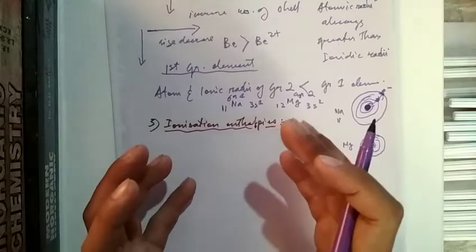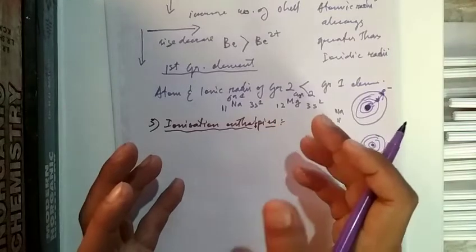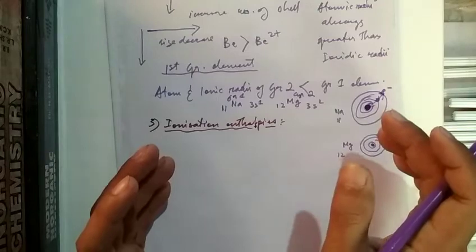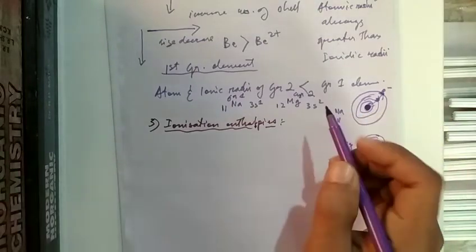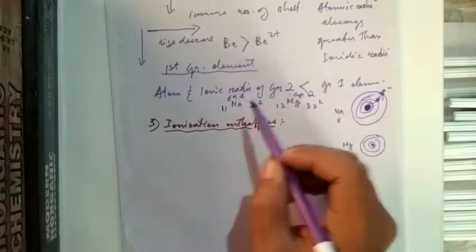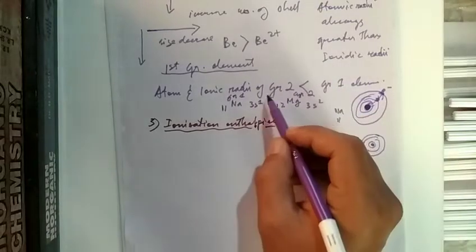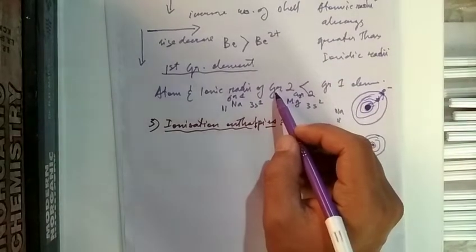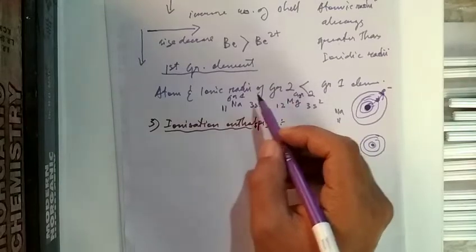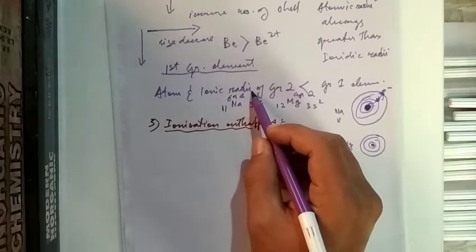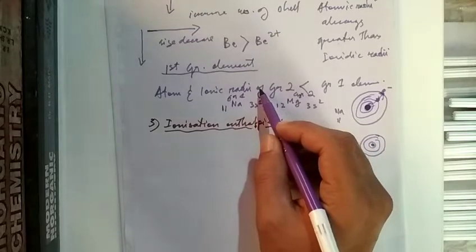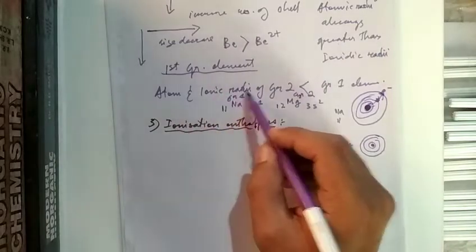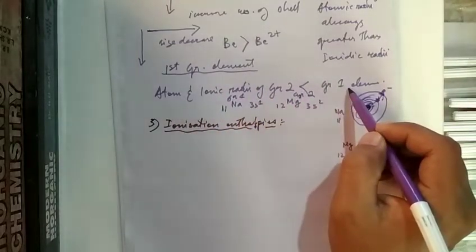So the reason is the effective nuclear charge: group 2 elements show more effective nuclear charge, which is why they have smaller atomic and ionic radii than group 1 elements.